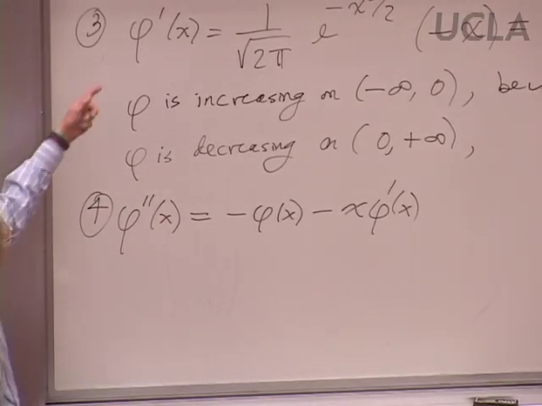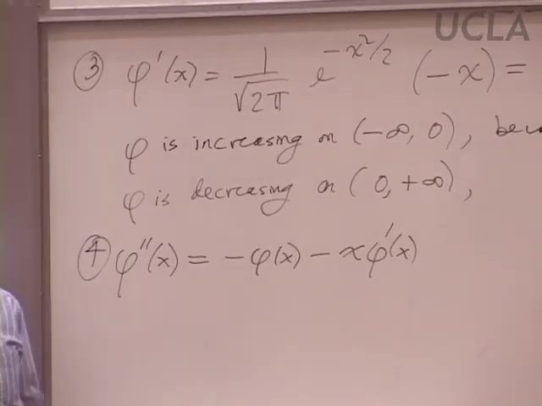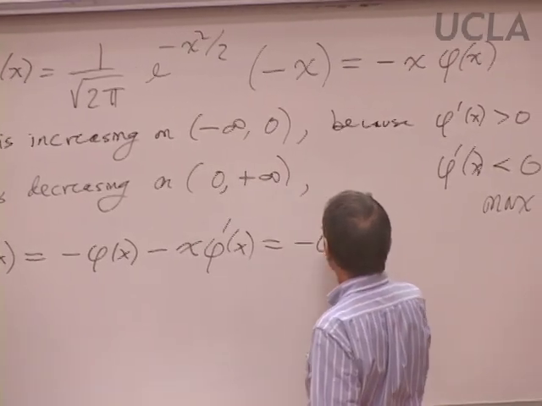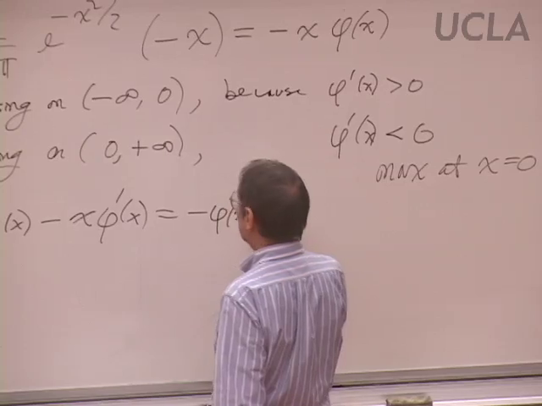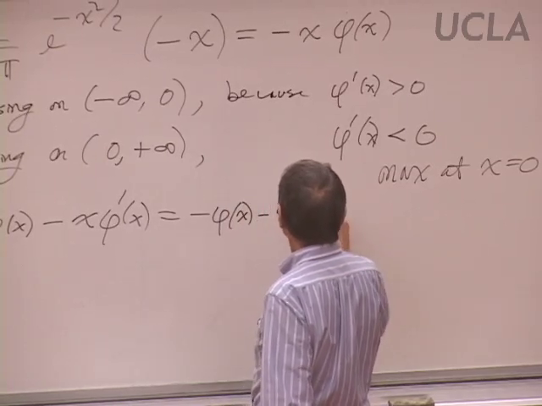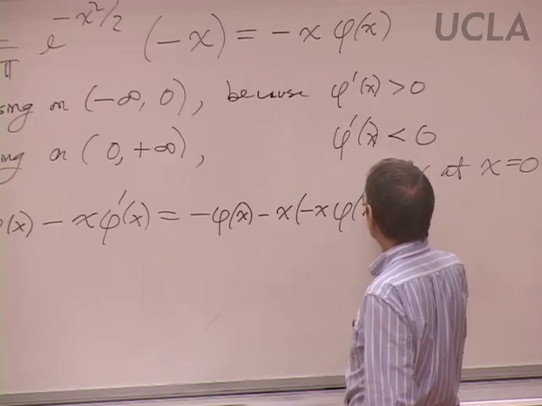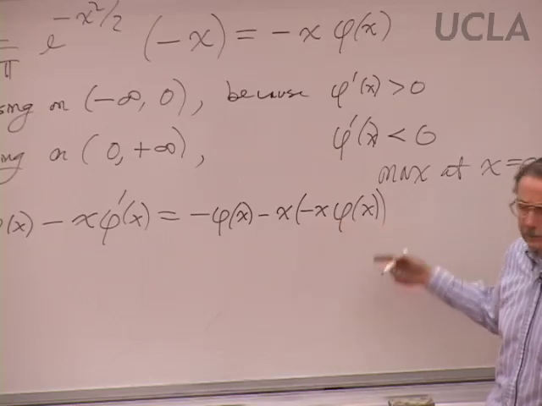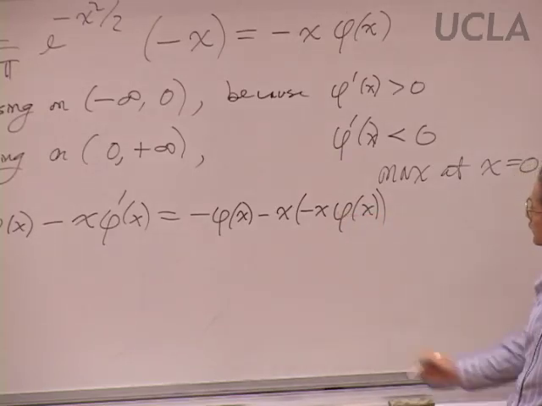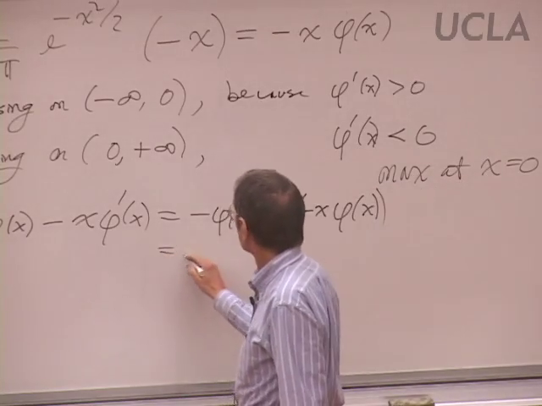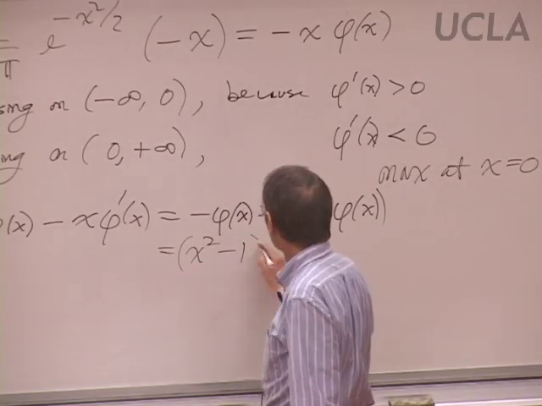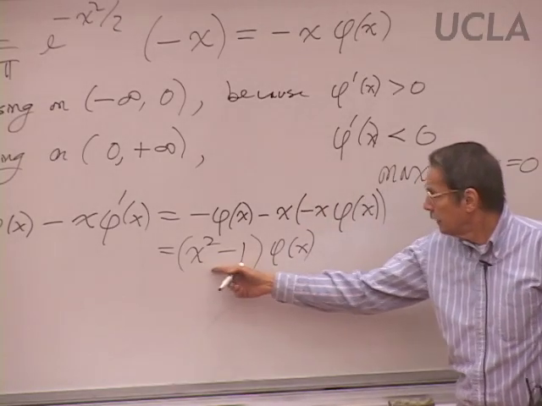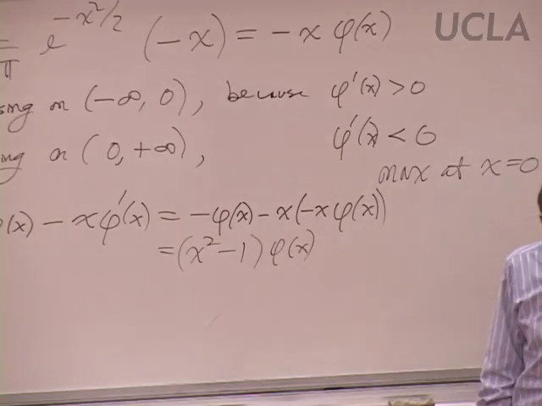And since we know that phi prime is minus x times phi, let's plug in what we know. Phi prime is minus x times phi. And simplify this. We get the second derivative looks like this.